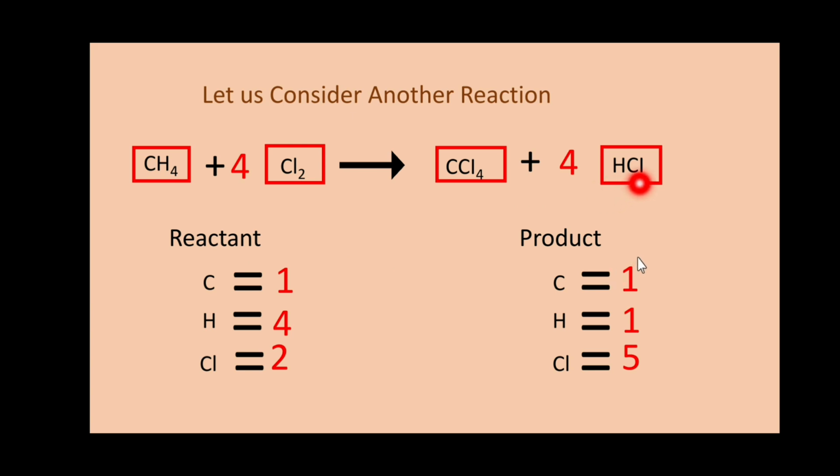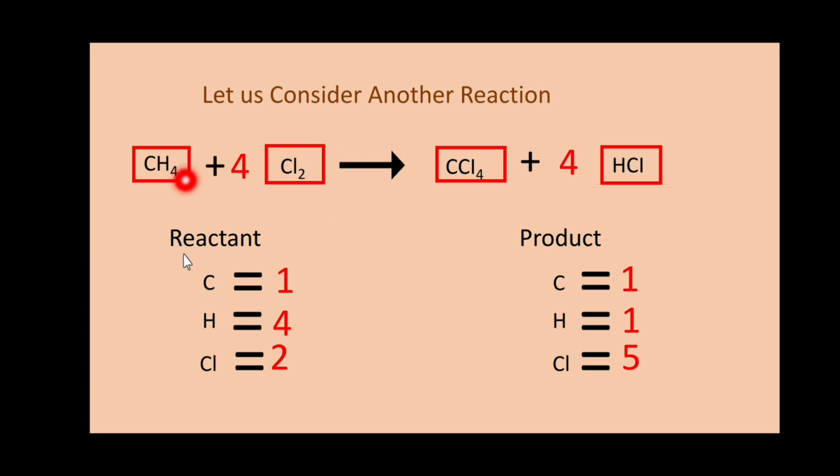So now, if we consider the number of atoms of each element and compound, let us determine whether the equation is balanced or not. Here on both sides we will find one atom of carbon.